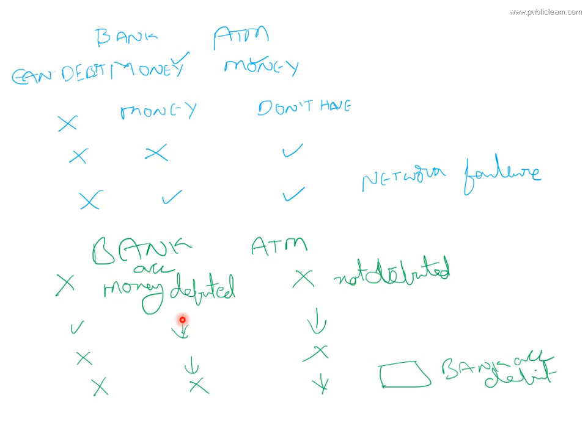Money is debited from your account and from the ATM and you got your money, you withdraw it. Transaction completed. If money is debited but the ATM is unable to debit, again this cannot be. If money is not debited from your account but you got your money from the ATM, this generally won't occur. If that occurs, then the bank account money has to be debited.